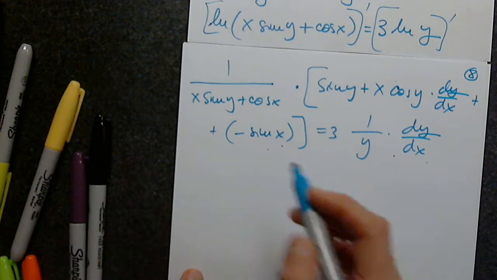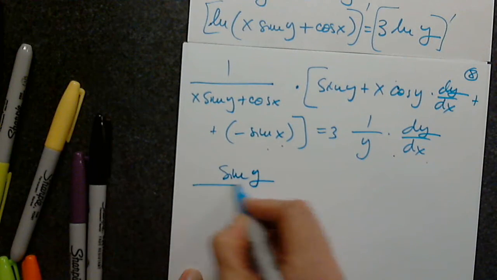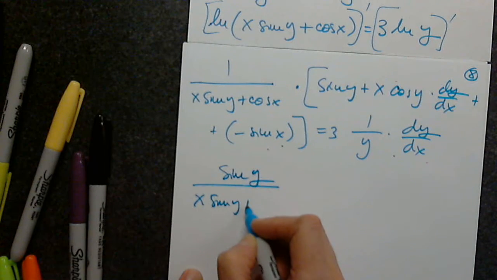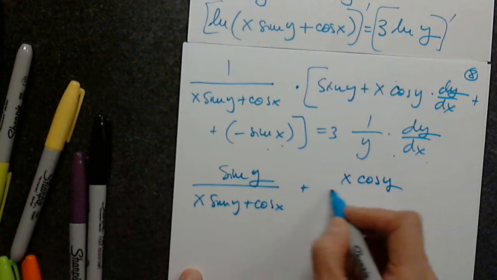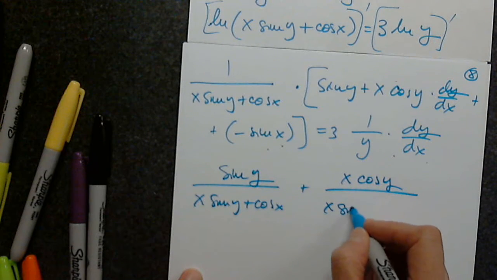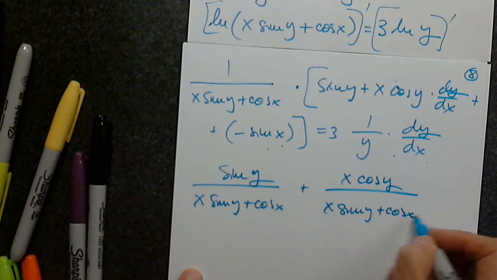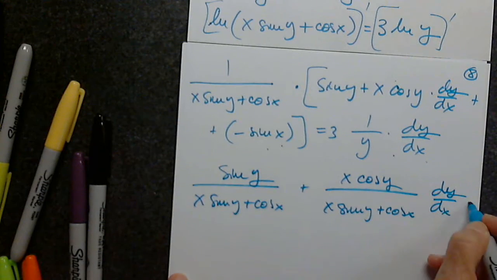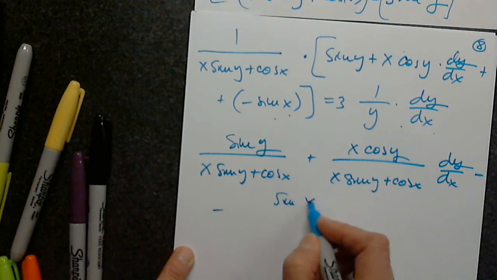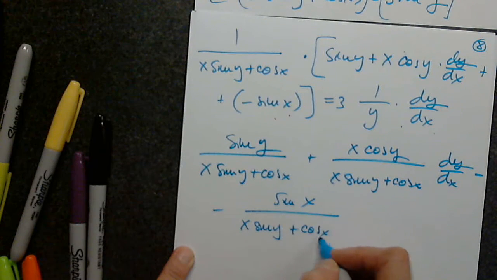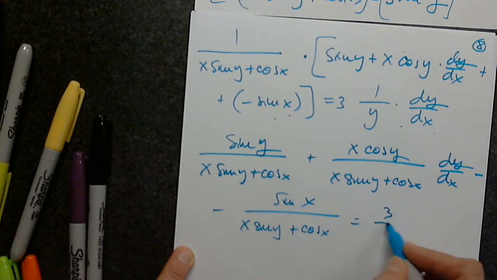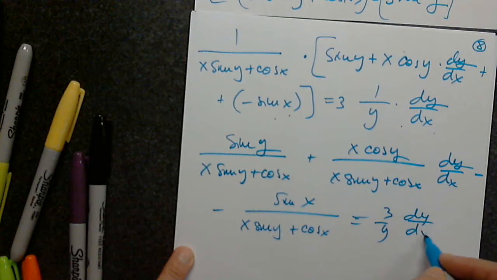The issue is just that we have the function. So I have sine y over x sine y plus cosine x, and plus x cosine y over x sine y plus cosine x times dy over dx, minus sine x over x sine y plus cosine x equals 3 over y dy over dx.